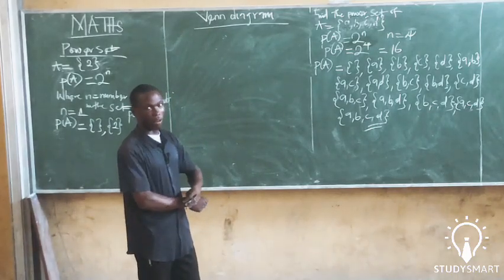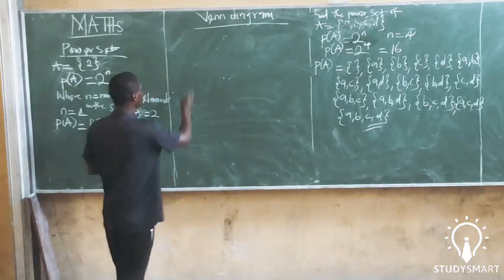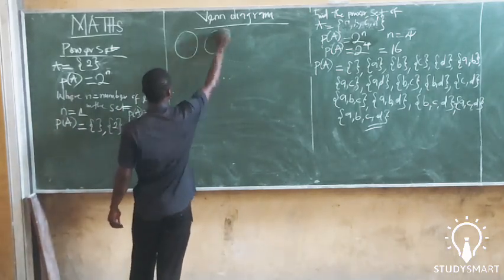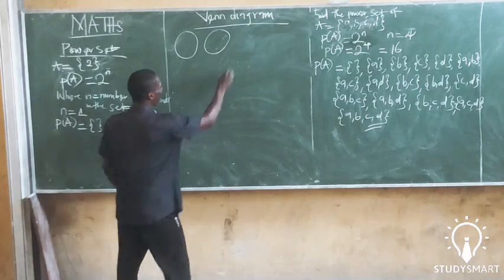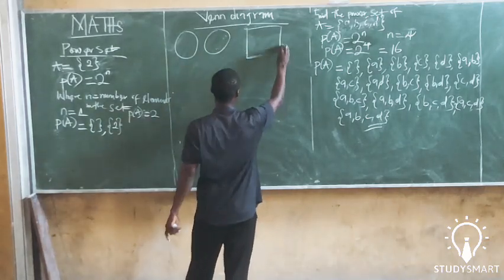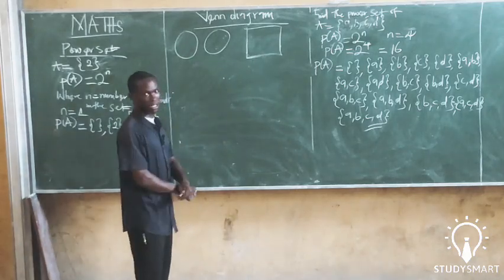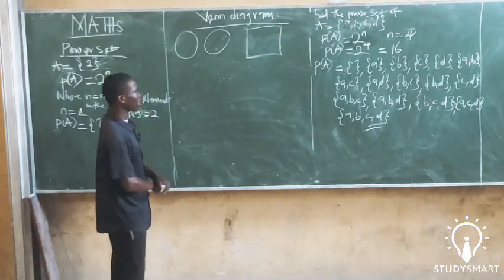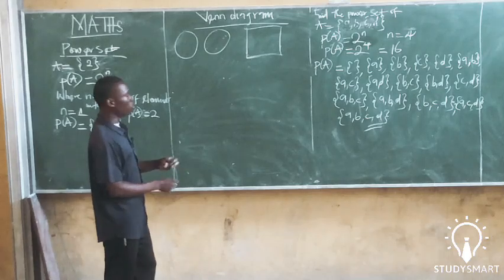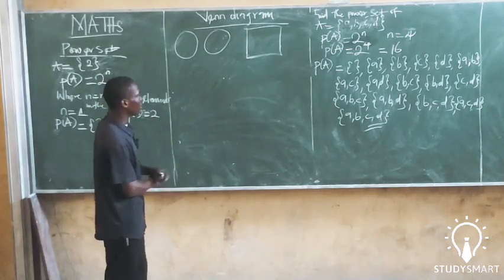In a Venn diagram, sets are represented in this form. This is the universal set, and these are the sets. So now let's take a few examples that we'll use in representing some types of sets in this Venn diagram.